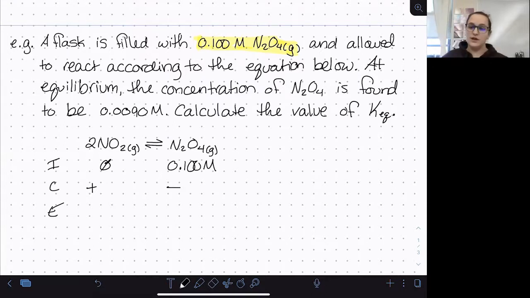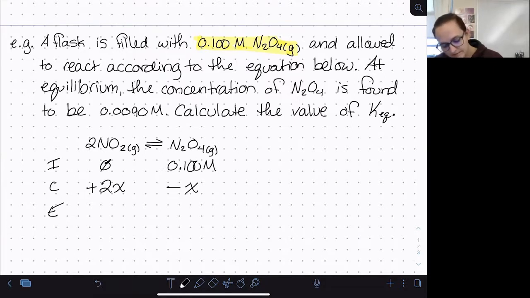We need to create reactant by consuming product, so the reactant concentration will go up, we'll have a positive change, and the product concentration will have a negative change. For every 1 mole of N2O4 that is consumed, 2 moles of NO2 will be produced. So our NO2 concentration will increase by 2x, our N2O4 concentration will decrease by 1x.